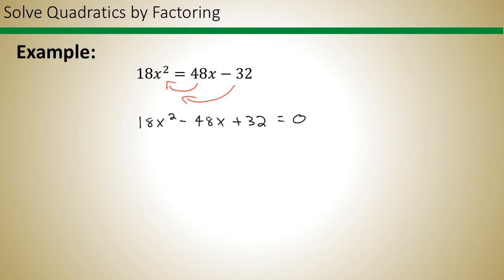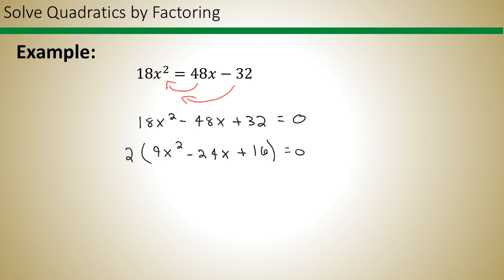Okay, so now, first thing we're going to ask, is there a common factor? All of these things can be divided by 2. So we're going to pull a 2 out of this thing, and that leaves us with 9x squared minus 24x plus 16. Okay, still equal to 0.